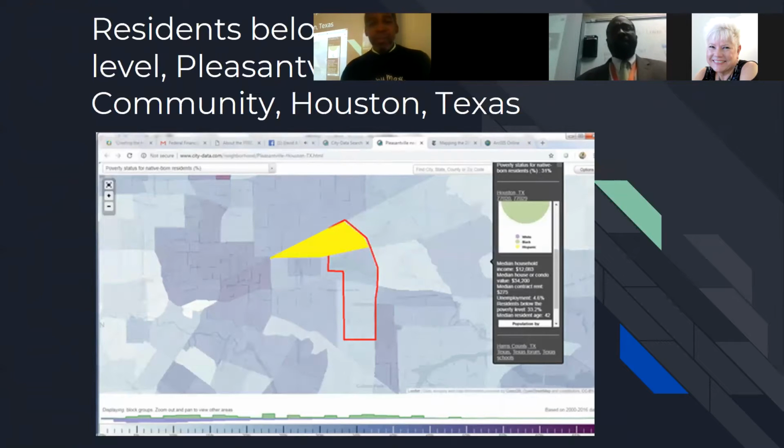But at least with this citydata.com site, we can parse out some data by neighborhood, perhaps. And in this case, the poverty status is approximately 31%, which is 33% for that census block group, which is pretty sure that's above average for the US.